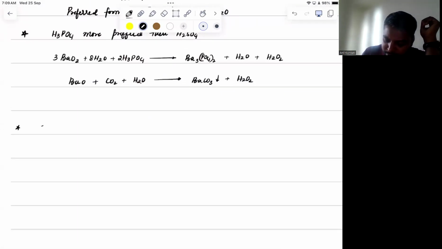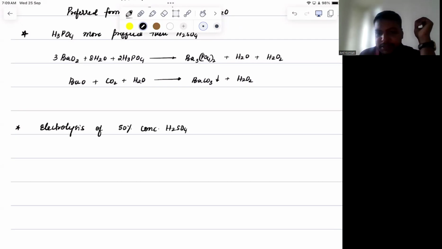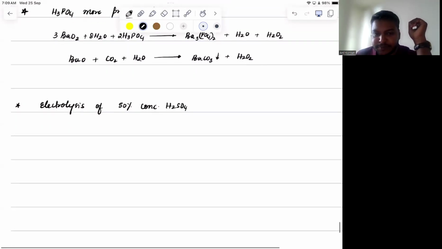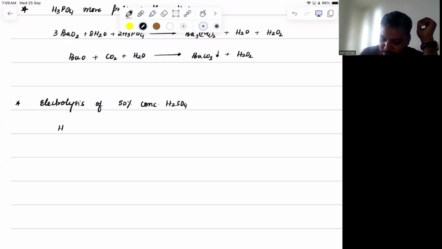Second one is by electrolysis of 50% concentrated H2SO4. Here H2SO4 first will convert into H plus and HSO4 minus.